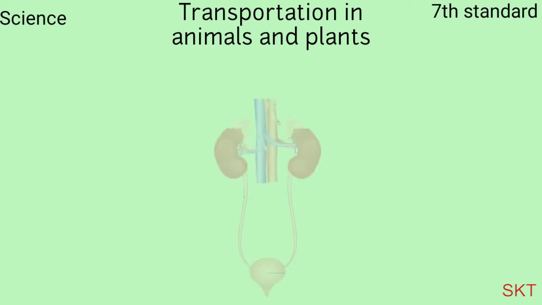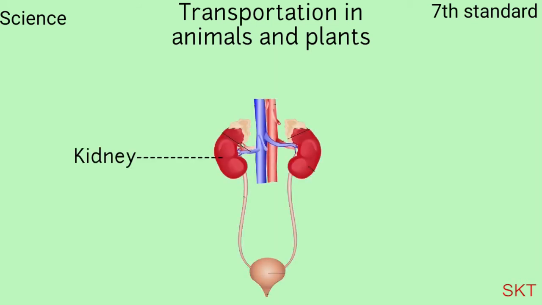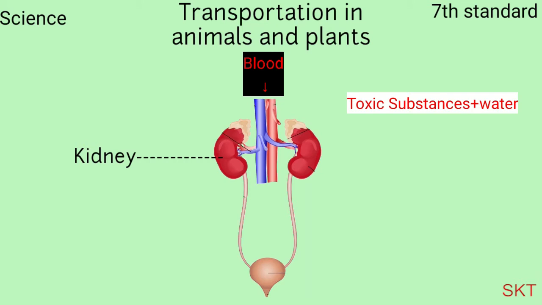We have two kidneys and our blood reaches the kidney. The blood contains both useful and harmful, that is toxic, substances. The useful substances are absorbed back into the blood and the harmful toxic substances are dissolved in water and removed as urine.